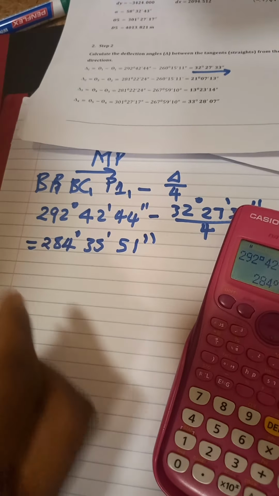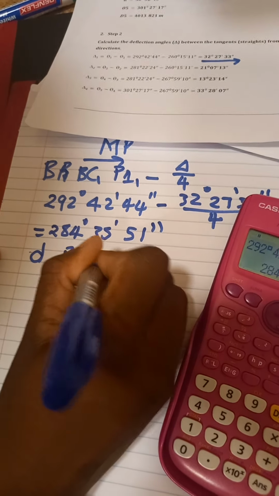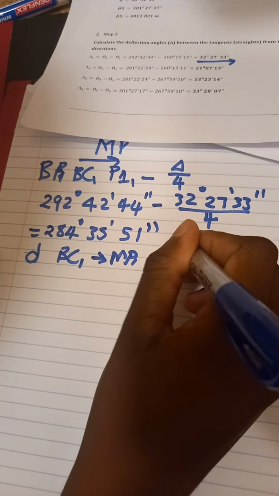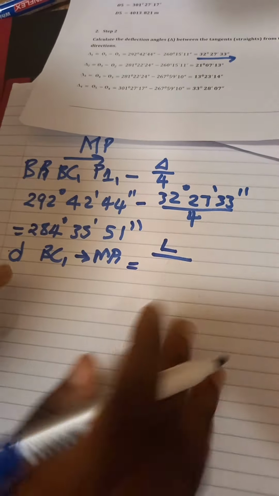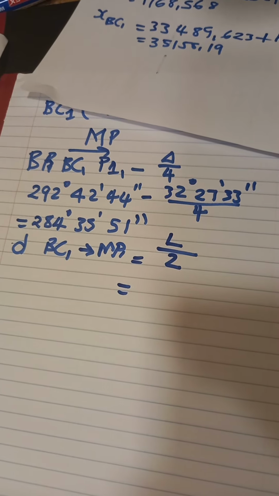Now the distance from BC1 to MP1 is given as the curve length, which is also known as the arc length, divided by 2. Our curve length, what was our curve length?